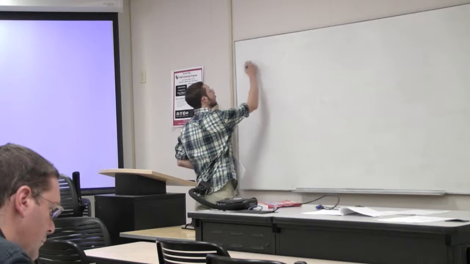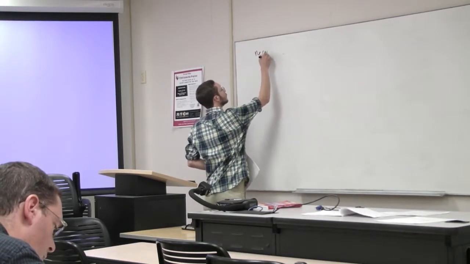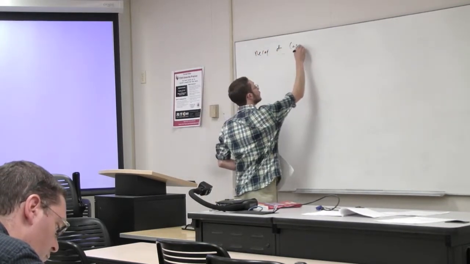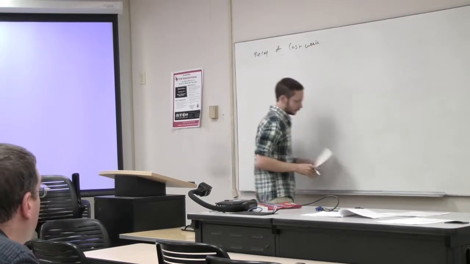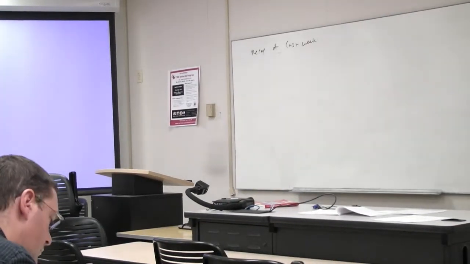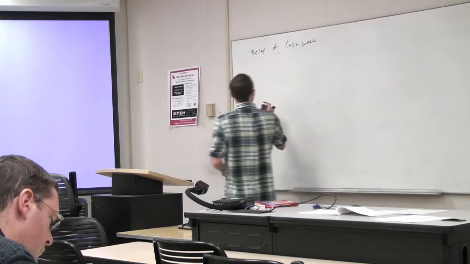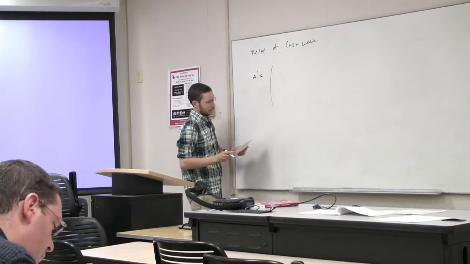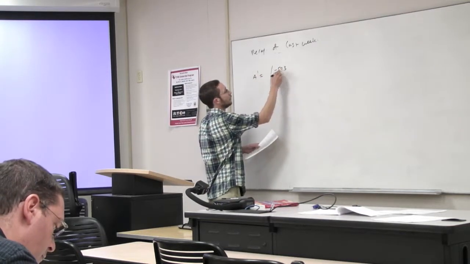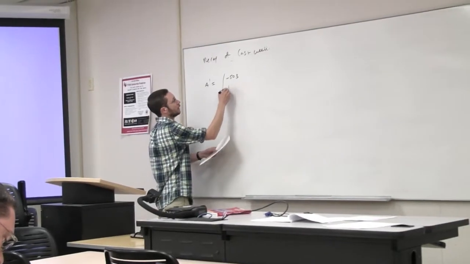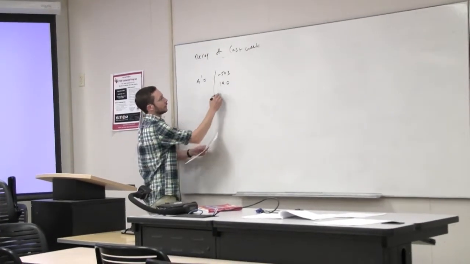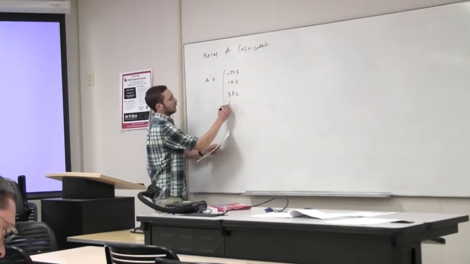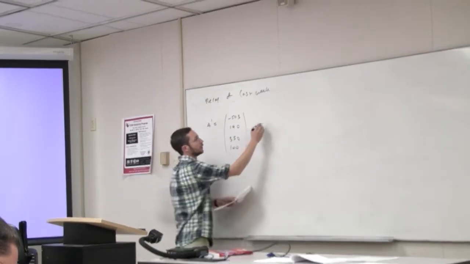All right, so let's go ahead and do a quick recap of what we talked about last week. Let's consider a couple of different assets. Asset 1 is given by negative 503, 140, 350, and 100.